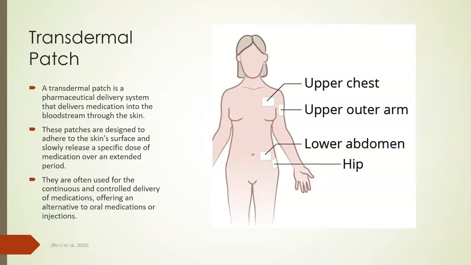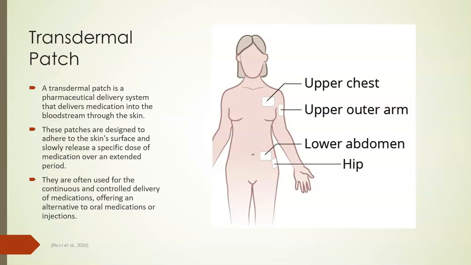Transdermal patch. A transdermal patch is a pharmaceutical delivery system that delivers medication into the bloodstream through the skin. Transdermal, dermal meaning skin. So these patches are designed to adhere to the skin surface and slowly release a specific dose of medication over an extended period of time. Now, yes, we're talking maternity, so you do have contraceptives in the form of transdermal patches.